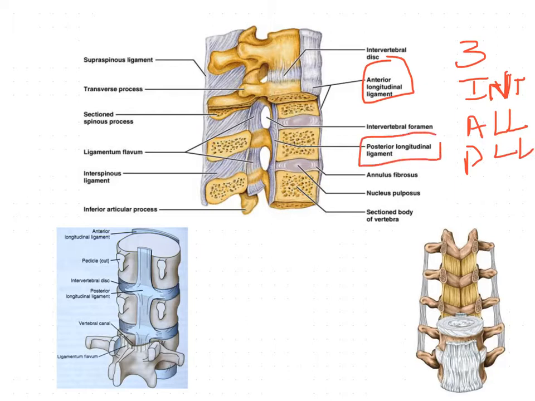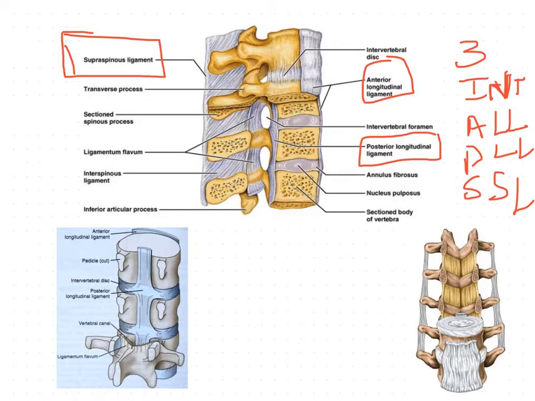So posterior longitudinal ligament, and another one is the supraspinous ligament. So these are the three intersegmental ligamentous system.